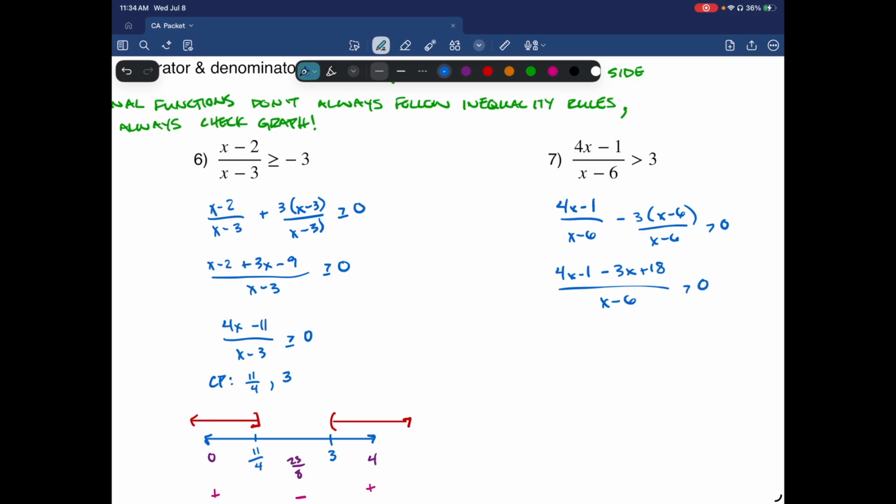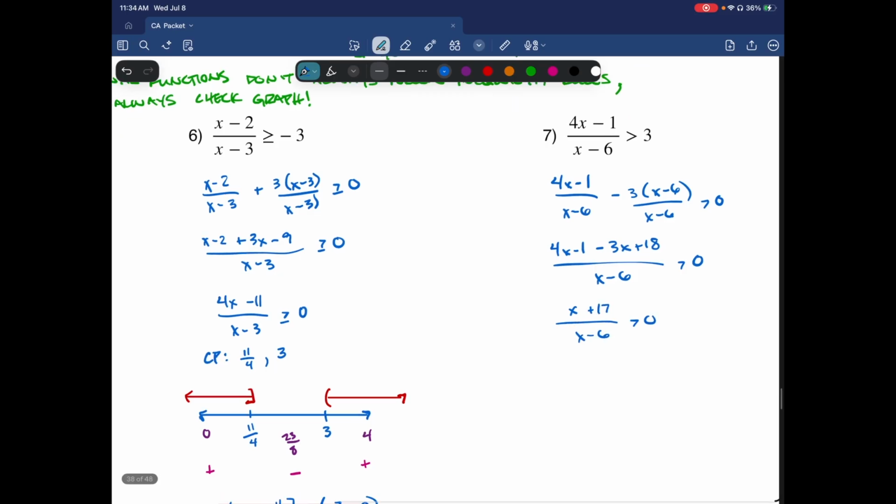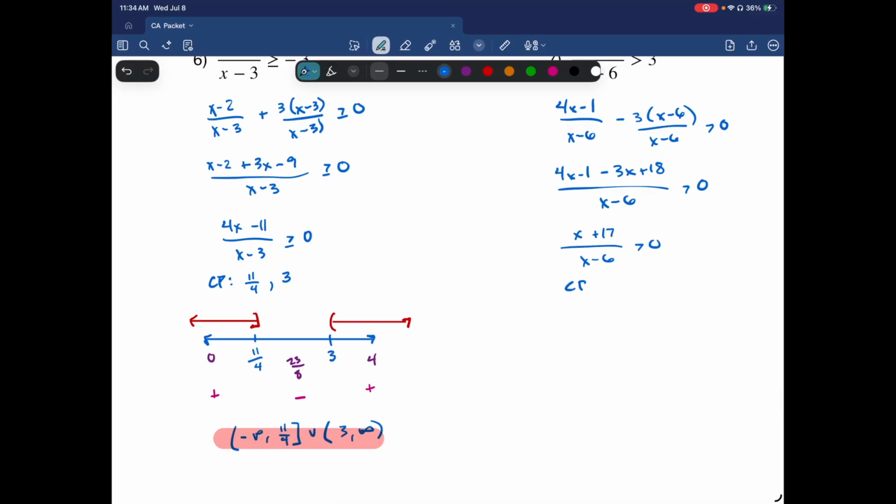All right, so 4x minus 3x is x. 18 minus 1 is 17, so I got (x plus 17) over (x minus 6) greater than 0. This means my critical points are going to be negative 17 and positive 6. So I got negative 17 and I got 6.